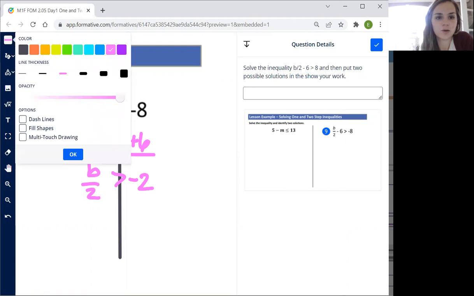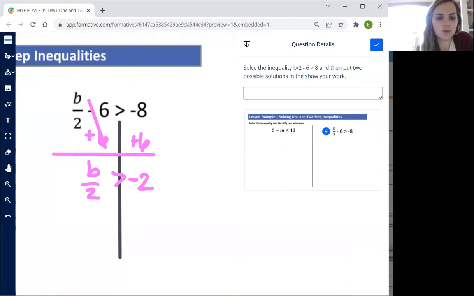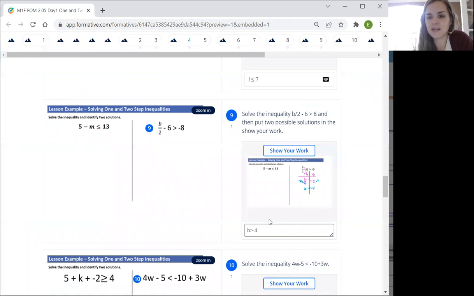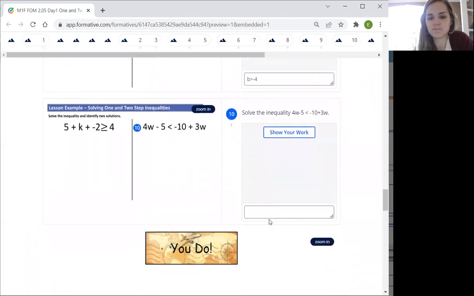Okay, then multiply by 2 on both sides to get rid of that divide by 2. And we get b is greater than -4. And again, it does not have you graph that one.